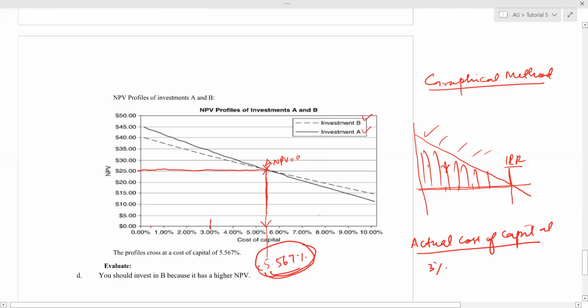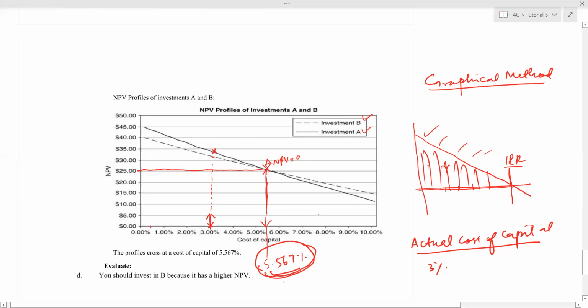If your actual cost of capital is 3% here, which project would you select? Anyone? Project A, very good. Thank you, Atika. We are going to select project A because it has the higher NPV than B.